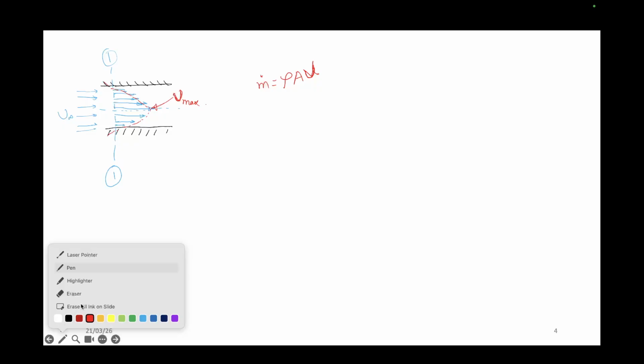Before this, let me tell you one thing. You know the mass flow rate m. For mass flow rate, you know this is rho A into velocity. Let us assume instead of v it is u, because I represent the velocity as u.